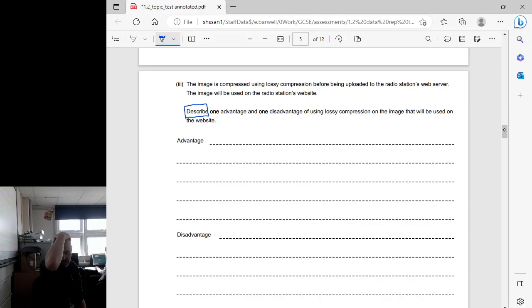So it says the image is compressed using lossy, which we know is a throwaway one, really good compression, before it's uploaded to a web server. The image will be used on the website. One advantage, one disadvantage. So, smaller file. You can say that, but you've then got to say quicker to upload.